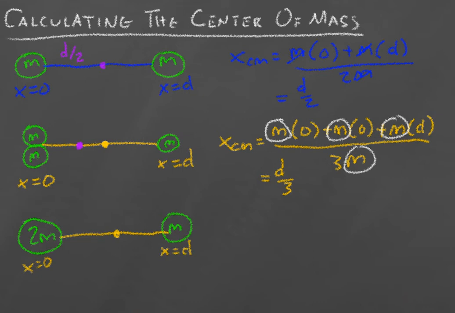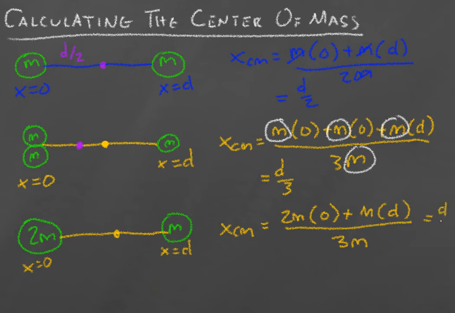So now we see that the center of mass, if we write it as a weighted average, is 2m times 0 plus m times d all over 3m, because once again the sum is still 3m, so we still get d over 3. So in other words, we could take these two particles that were stacked on top of each other, and we can actually just make them into a single particle, and we'll get the same center of mass in both cases.